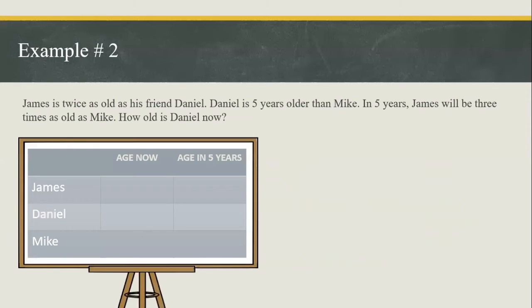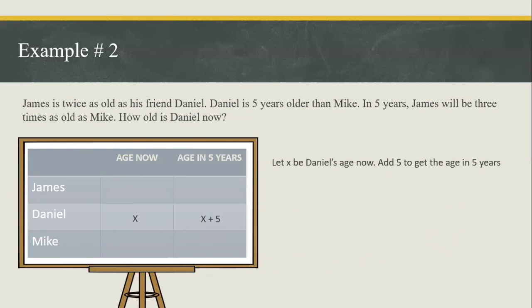So we have James, Daniel, and Mike, and their age now and age in 5 years. We let x be Daniel's age now and add 5 to get the age in 5 years. So for Daniel, we have x under age now and x plus 5 under age in 5 years.